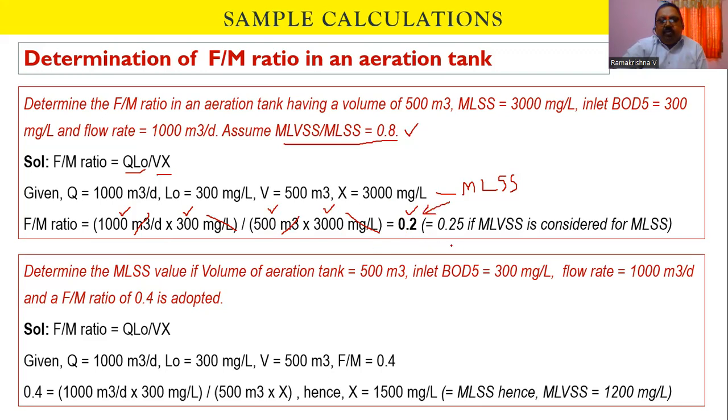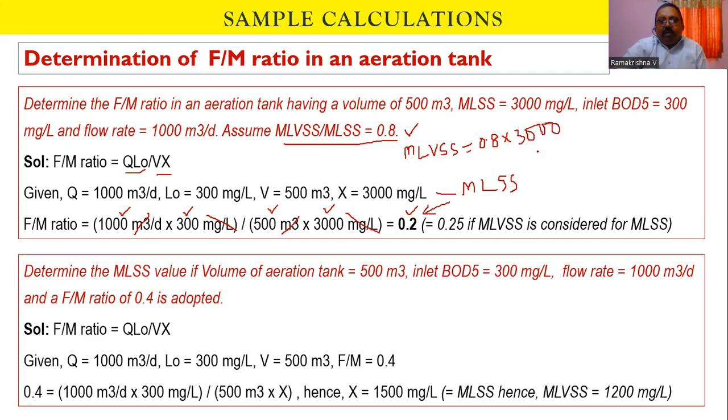Suppose if you use MLVSS, mixed liquor volatile suspended solids, then this MLSS should be converted into MLVSS using this formula. So MLVSS is equal to what? 0.8 times whatever is the concentration of MLSS. 0.8 into 3000, that is equal to 2400 milligram per liter.